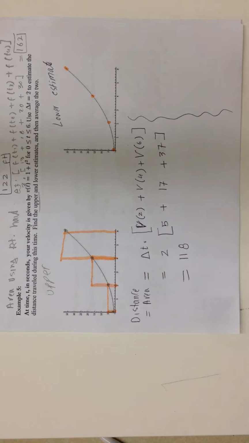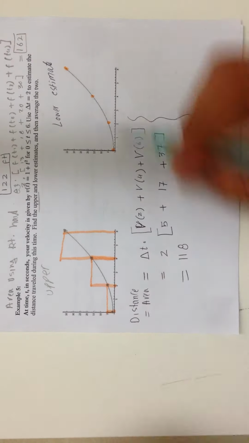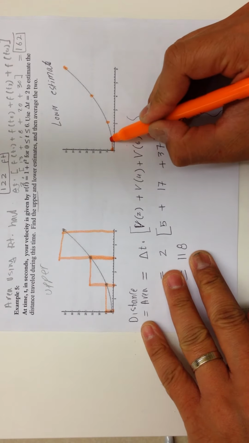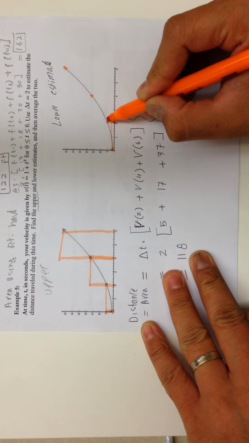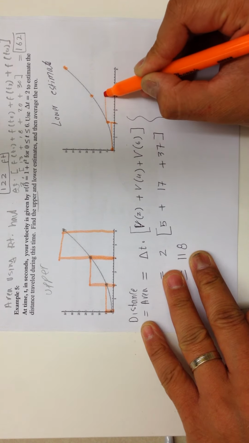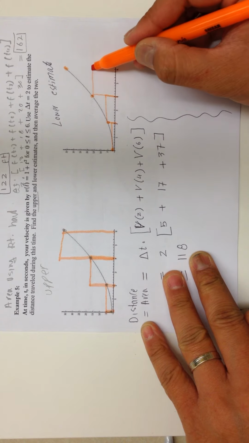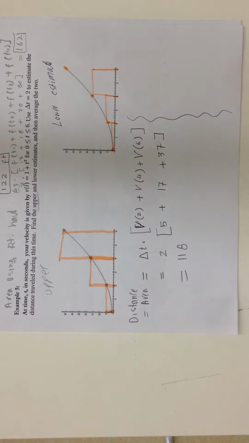Because we're doing a lower estimate, it has to be a left-hand sum. So I'm going to draw my rectangle here, and my rectangle there, and then draw my rectangle there, and that would be a lower estimate.